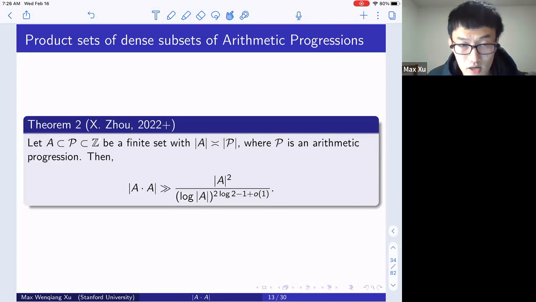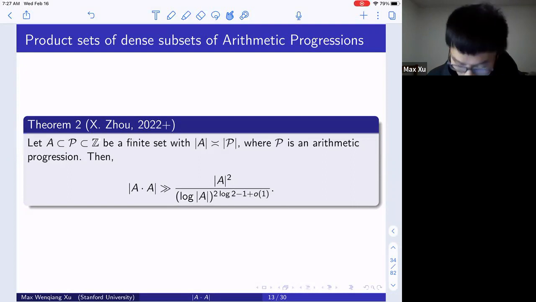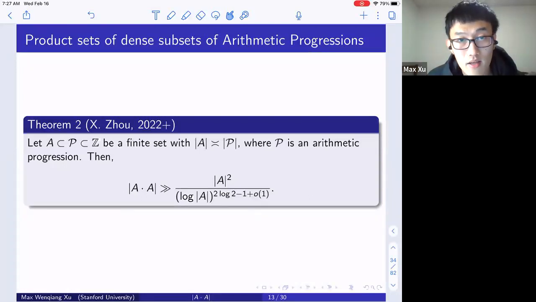If it's not, then you should expect that a subset of an AP is a typical case. Nevertheless, this is a case we can deal with, and for general GAP, we definitely have no idea how to do it. Yeah, that's the statement of the two results. I will cover some proofs later. Any questions so far before I move on to proofs?